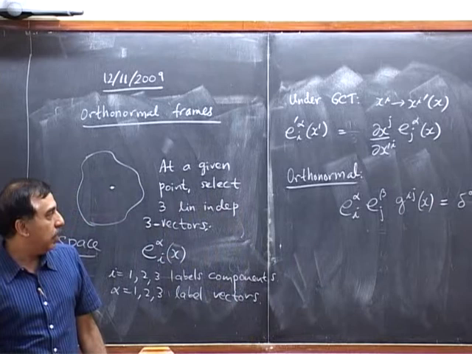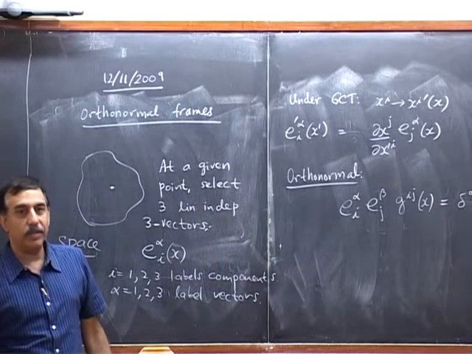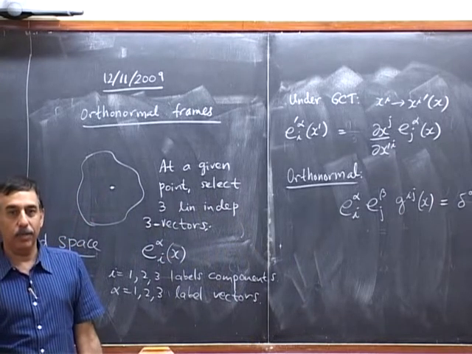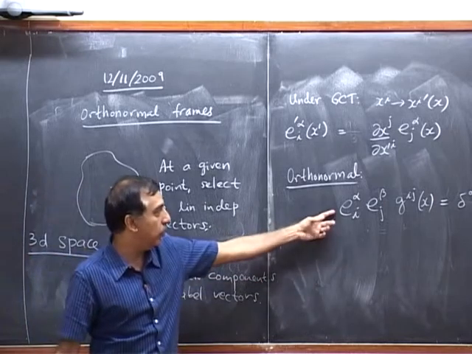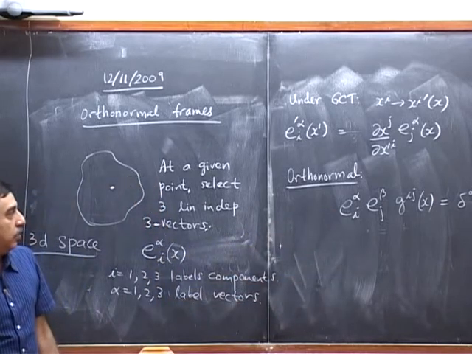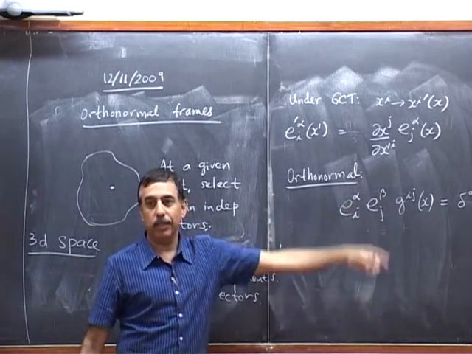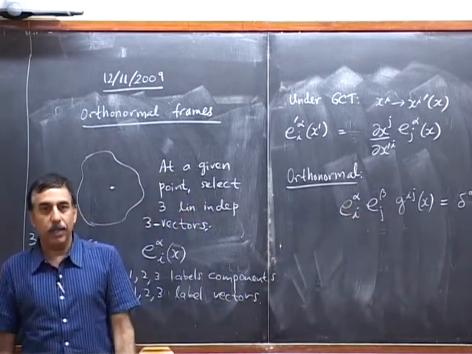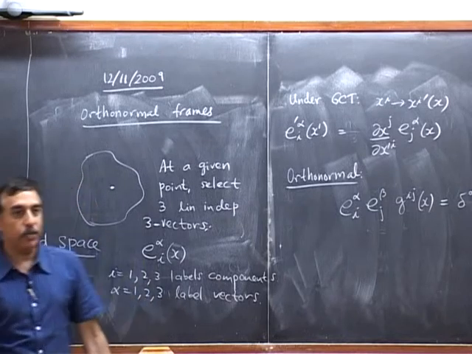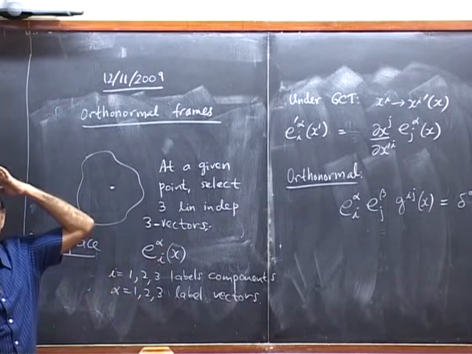Now this cuts down a lot of freedom in specifying these orthonormal frames once we have got them to be orthonormal, because as I said, we can't make any changes in them which spoil this property. But there's still one change we can make in them which preserves the property. What is that?